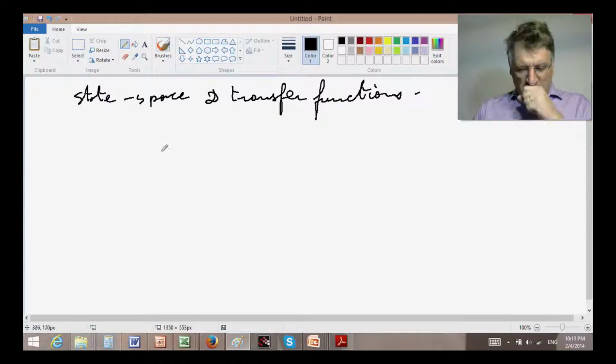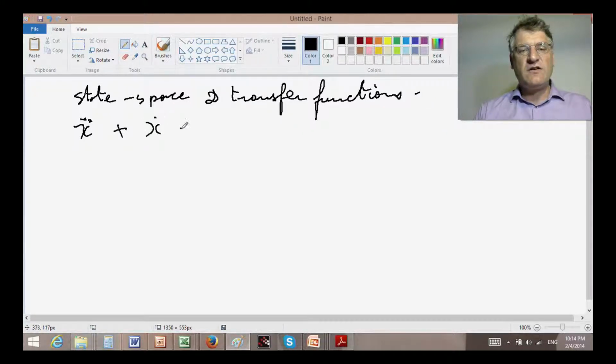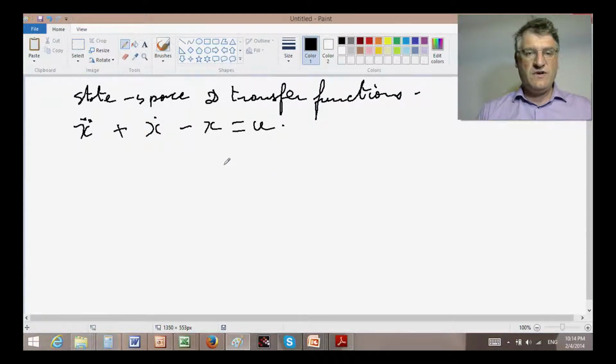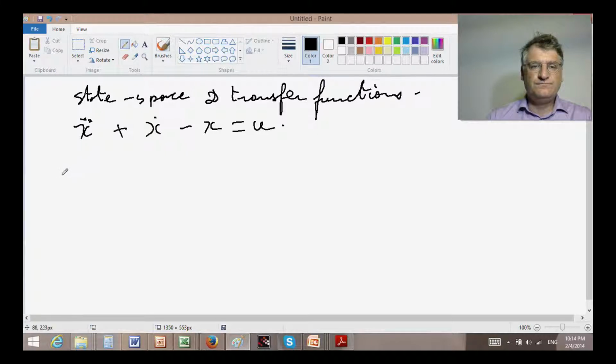The state space representation, for example, for the system x double dot plus x dot minus x equals u, we read as d dt of x.